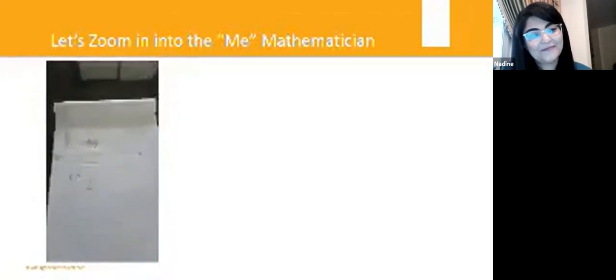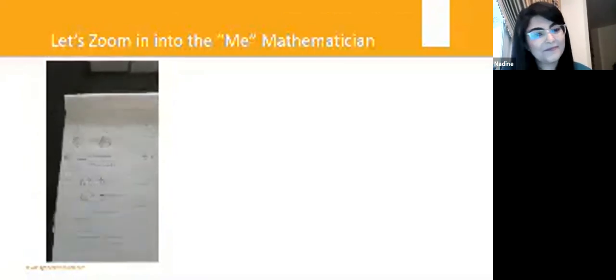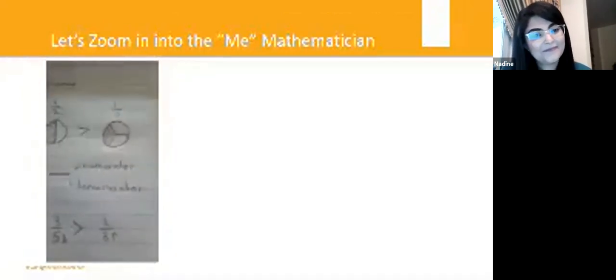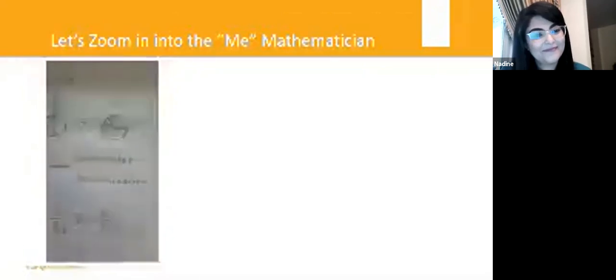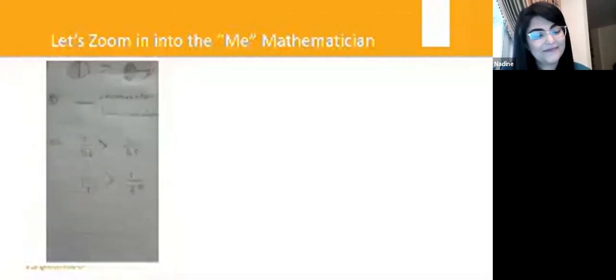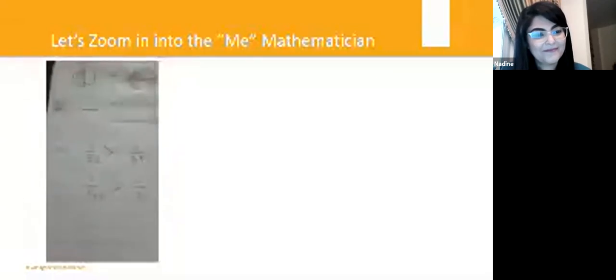Another strategy I can use is to look at the denominator. And the larger the denominator, the smaller the fraction. For example, if I have 3 over 5 and 3 over 8, I will look at the denominator. The lowest denominator is the largest.